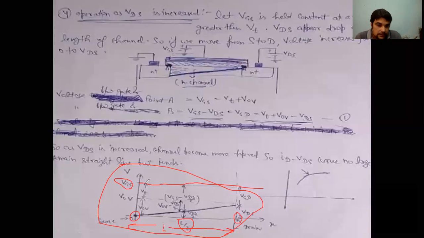This is the threshold voltage, so this line is the overdrive voltage. At the half point, the value of VDS will be VDS by 2, so the effective voltage across the channel will be the overdrive voltage minus VDS by 2.